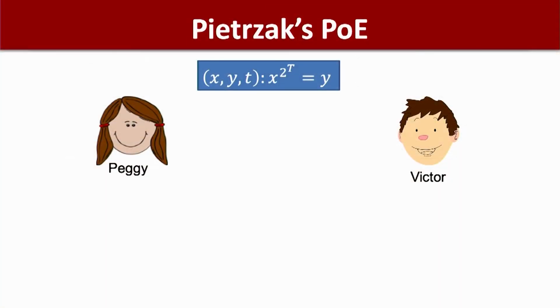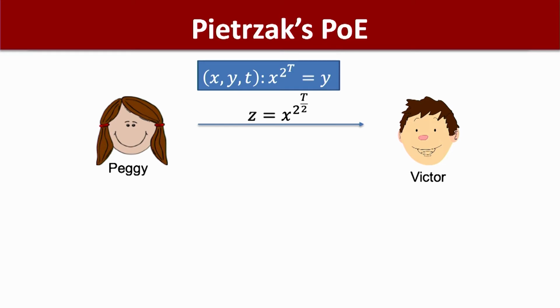So we have another proof of exponentiation, or VDF construction, by Pietrzak. How does this Pietrzak PoE work? It works slightly differently. The idea is that I have a smooth exponentiation, I want to compute x to the 2 to the t equals y. I simply split this up into two statements.